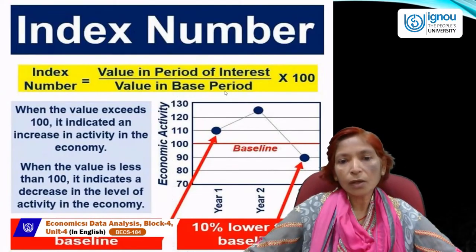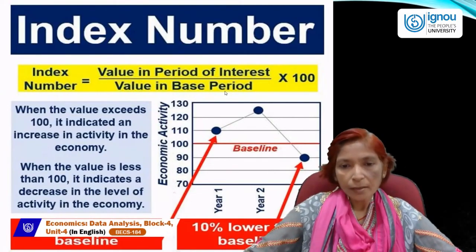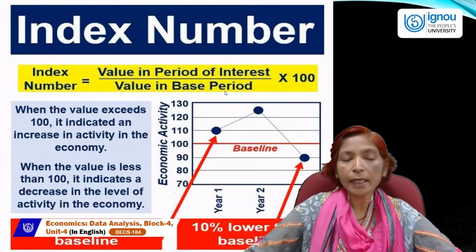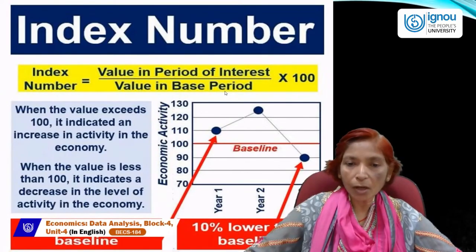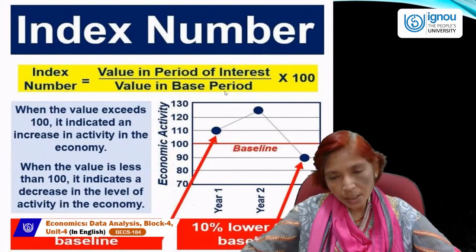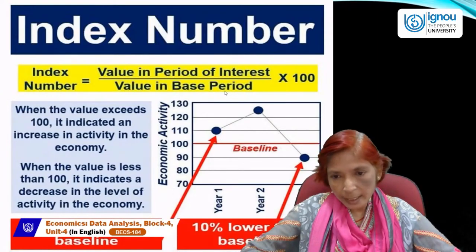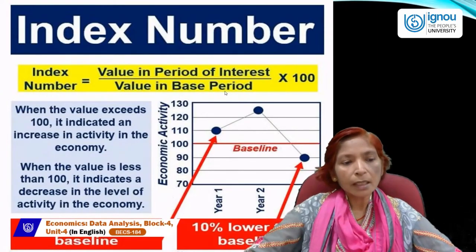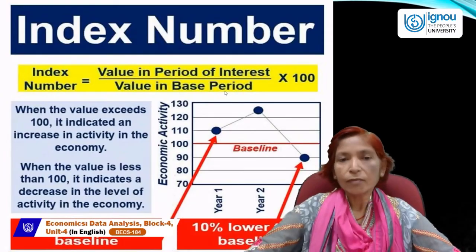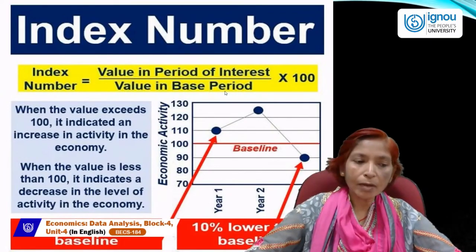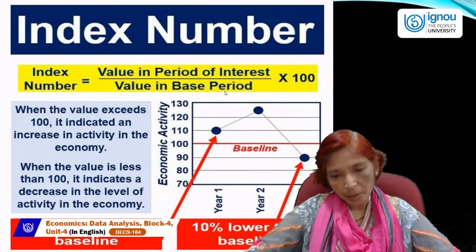If the answer is near 125, that also exceeds 100, so it also indicates an increase in activity of the economy. But when it falls down to a value of 90, it is less than 100, which indicates a decrease in the level of activity in the economy.